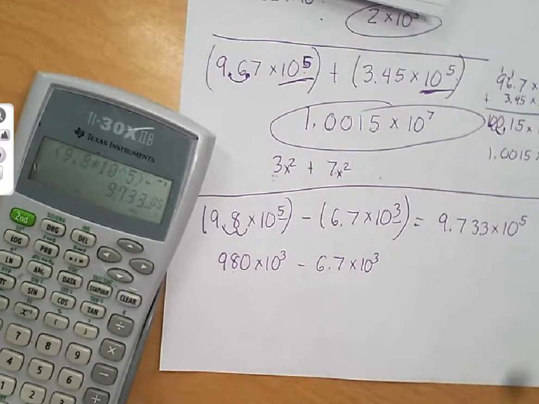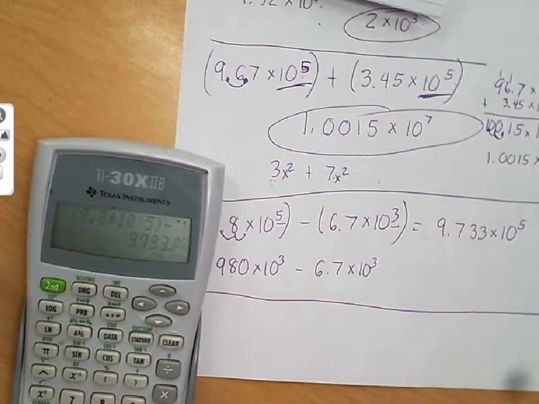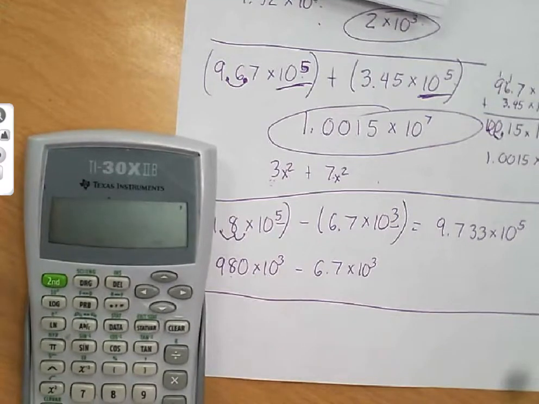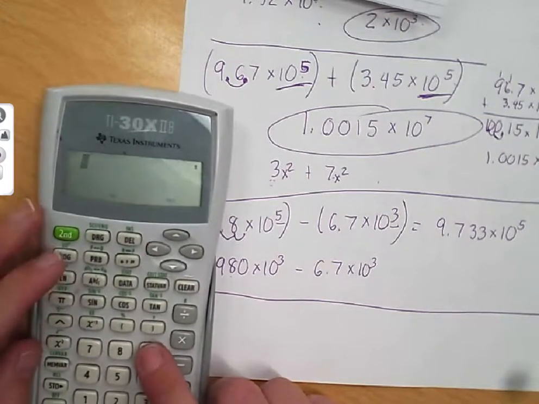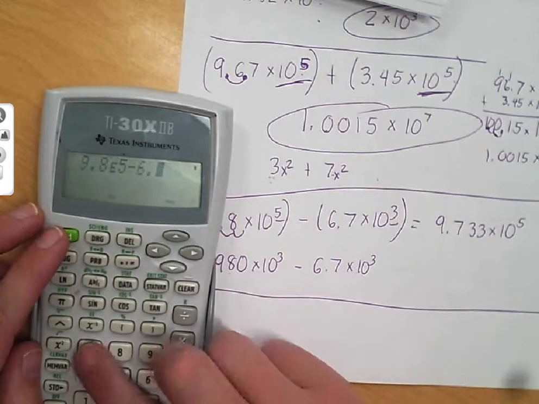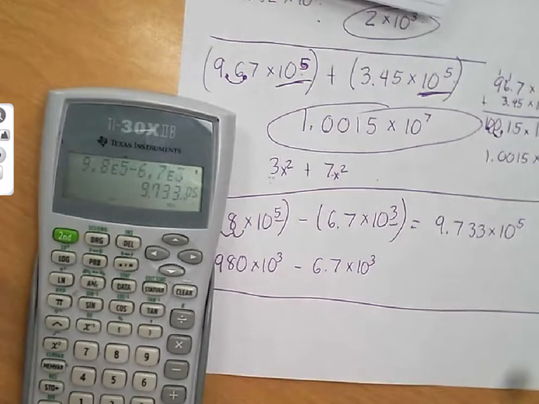That is computations. I cannot emphasize enough, I really recommend a calculator for this. I will just mention briefly, in all the calculations I did the times 10 caret, because that's what I found students remember. You do have the option of using the E button, which would be one less button per problem. I could put 9.8 second E5 minus 6.7 second E3.